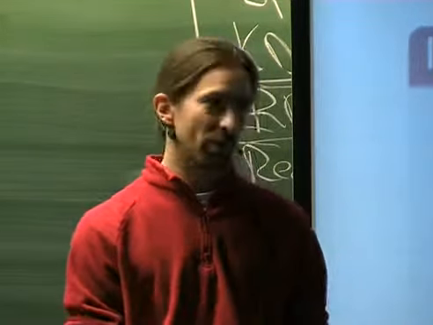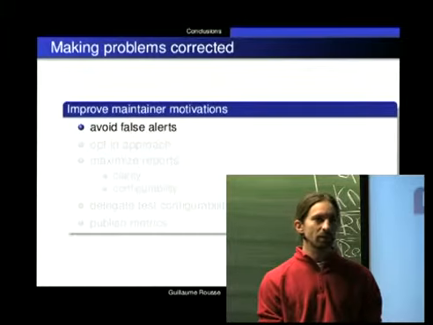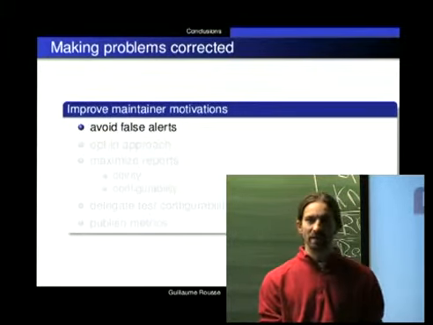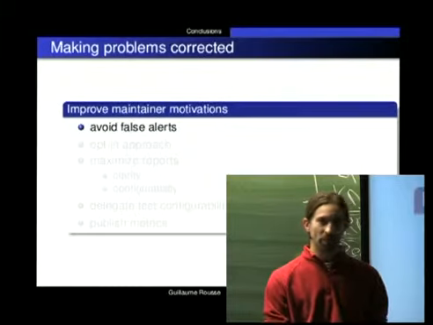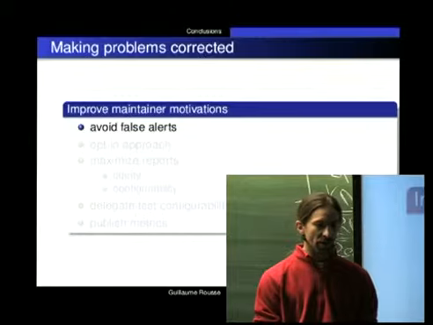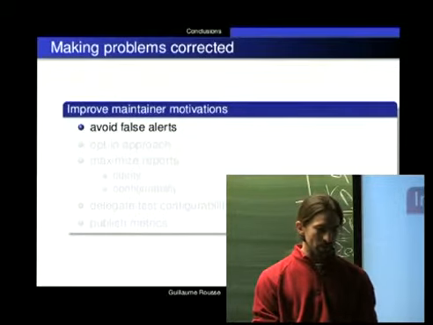If you have a wonderful tool that raises hundreds of alerts every day, the first day people will look at those alerts and eventually correct them. The second day they will ignore them, and the third day they will just blacklist your mail. So you have to avoid false alerts to the maximum.